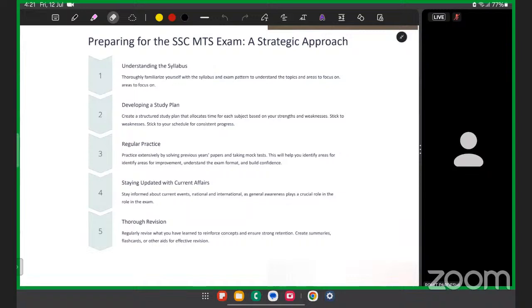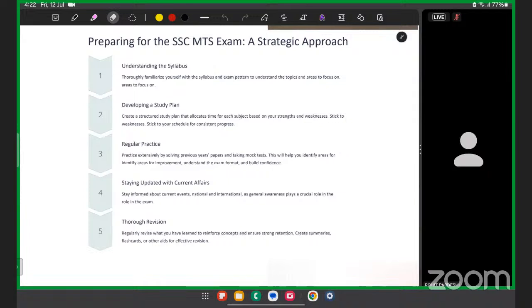There may be questions related to news or related to books. For example, in 2021, a book name like God of Small Things was the question, asking by whom it was written. So the answer was Arundhati Roy. So you need to learn or imbibe the static part of the current affairs very well.